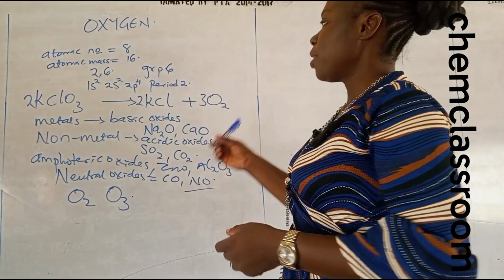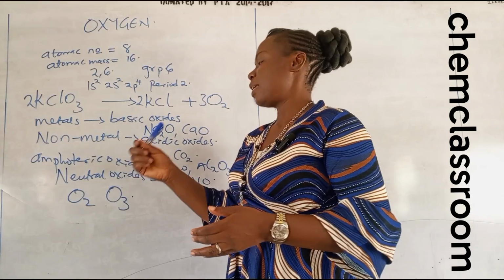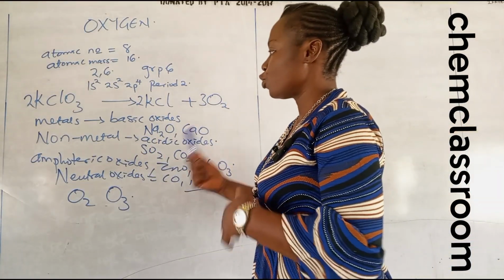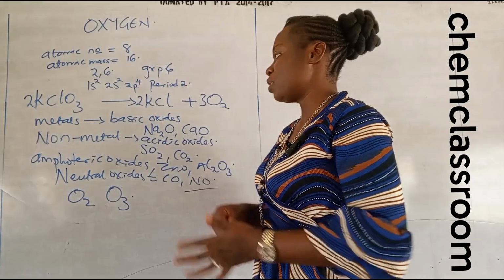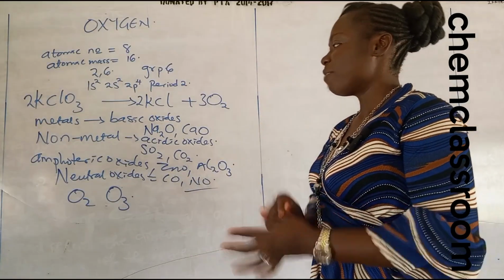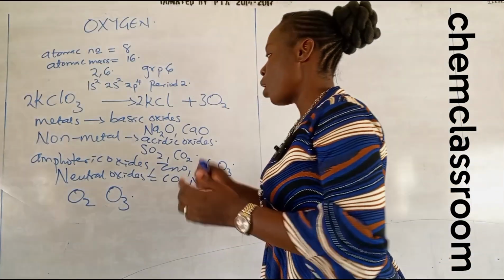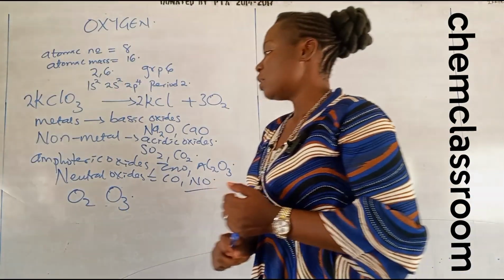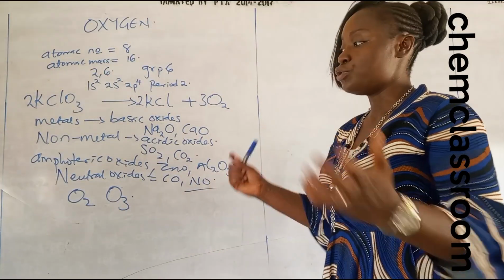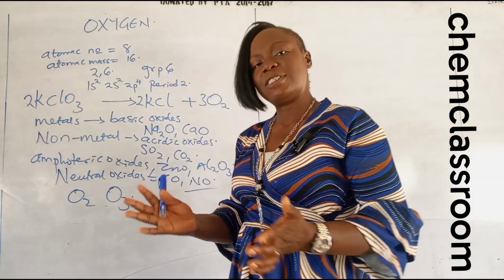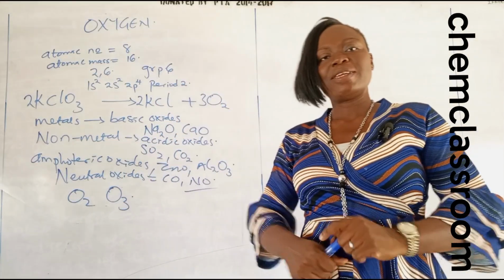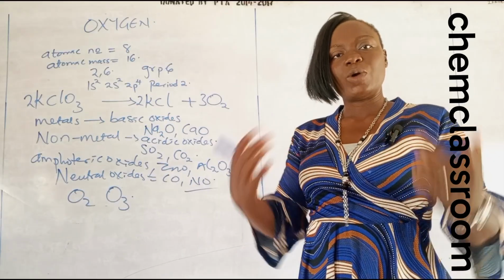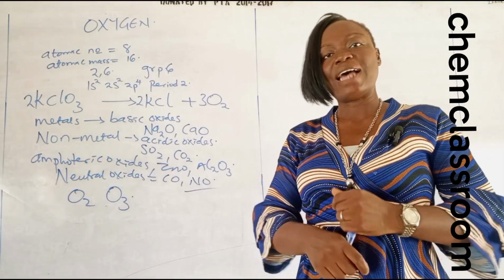Then the chemical properties, where I used oxides to explain: the basic oxides, acidic oxides, amphoteric oxides, and the neutral oxides. And the allotrope of oxygen is ozone. Then we also mentioned the uses of oxygen: respiration, combustion, welding and cutting, and as rocket fuel.